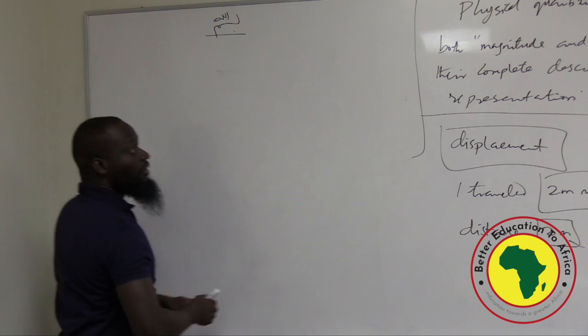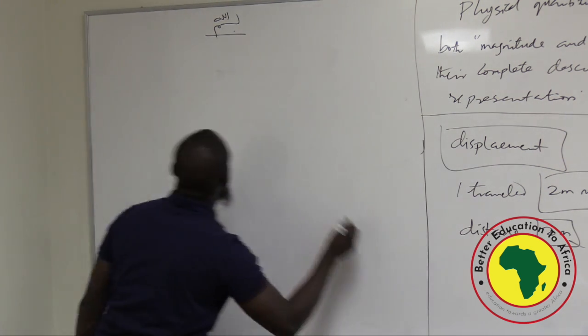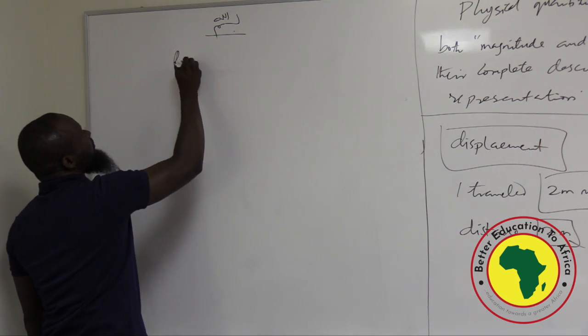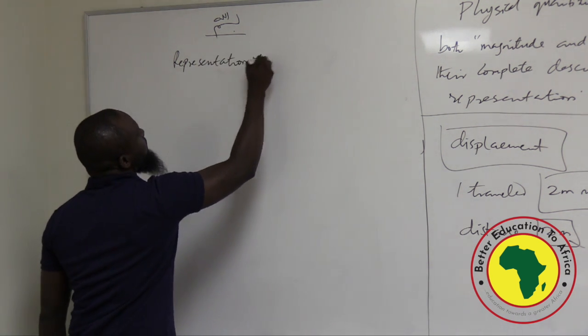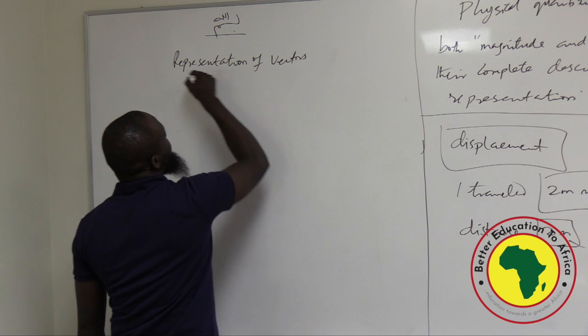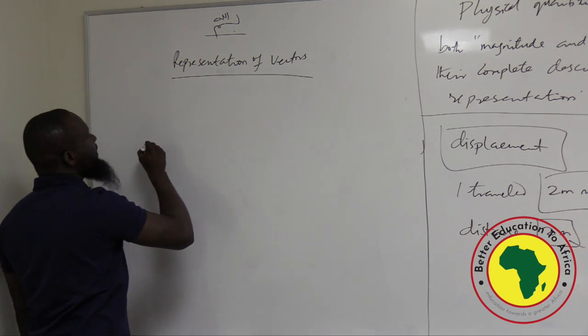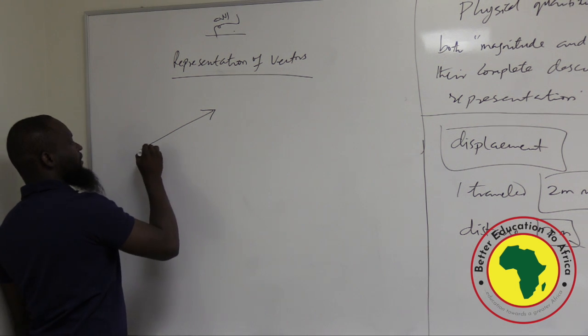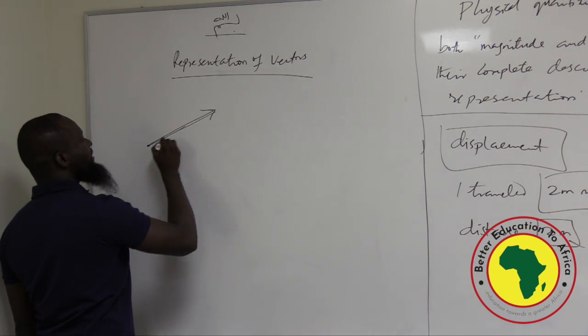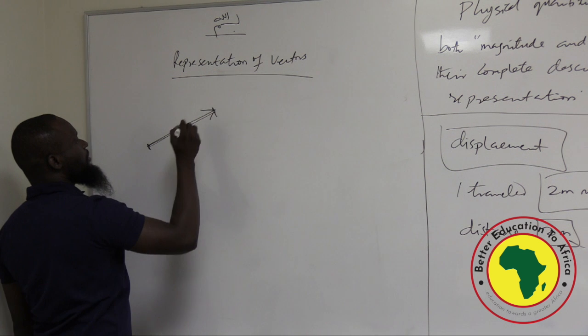Now, we want to see representation of vectors. Vectors are represented by an arrowhead, okay, that has a length that is equal to the magnitude, okay?